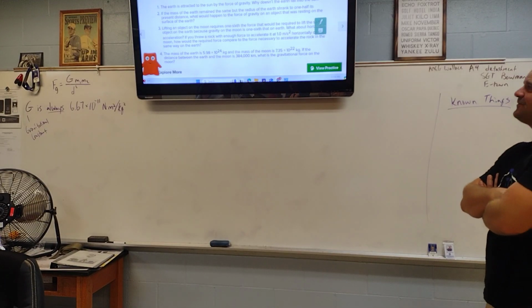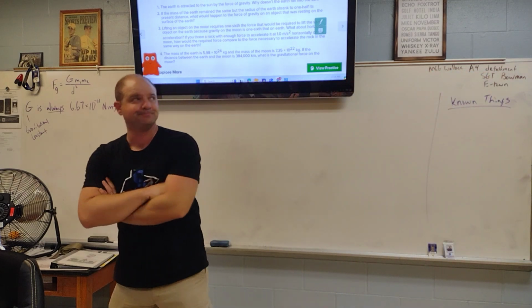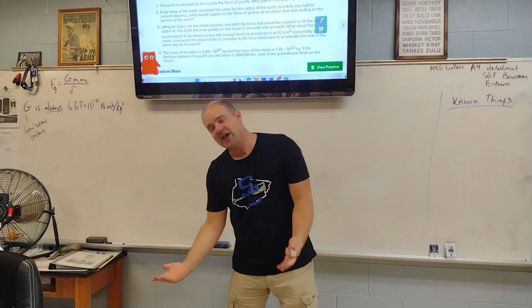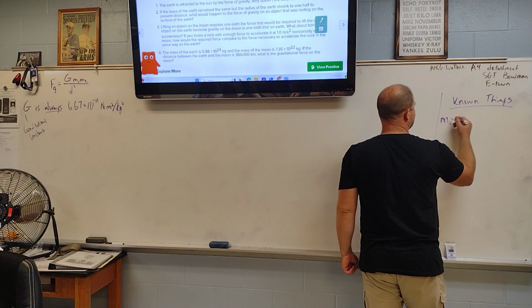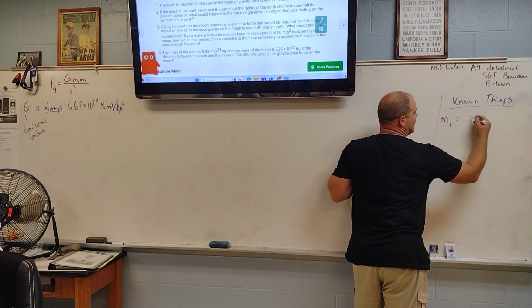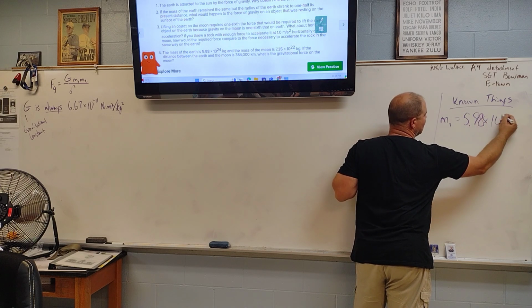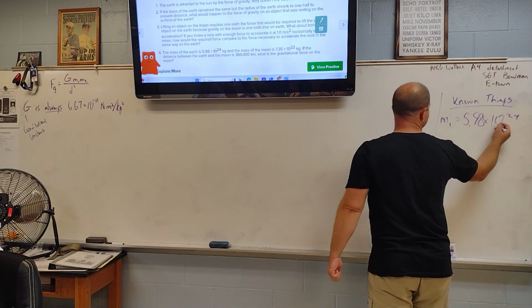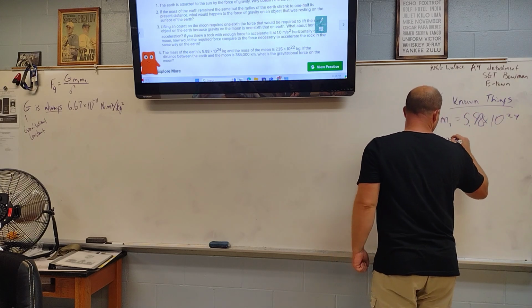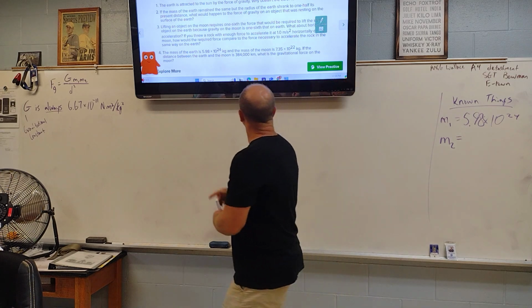The mass of the Earth is 5.98 times 10 to the 24th kilograms. Is that something that we know? Yes, let's put it in our chart of known things. So M1, we'll call that M1, is 5.98 times 10 to the 24th power. We're also given mass 2.